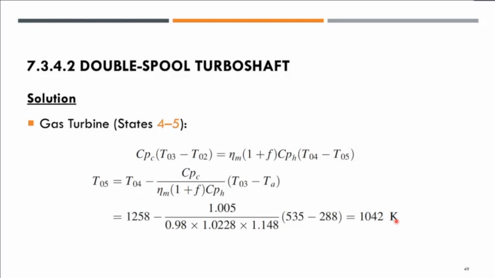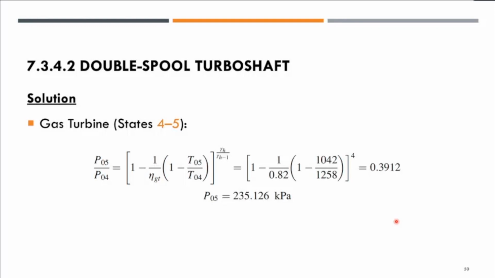And now at the inlet of the turbine section it is already 1042 Kelvin. And for the pressure at the gas generator turbine, you get a value of P05 to be 235.126 kilopascal.